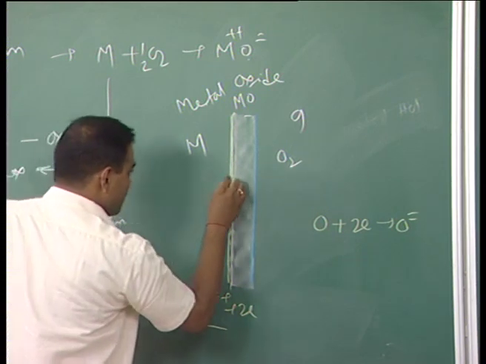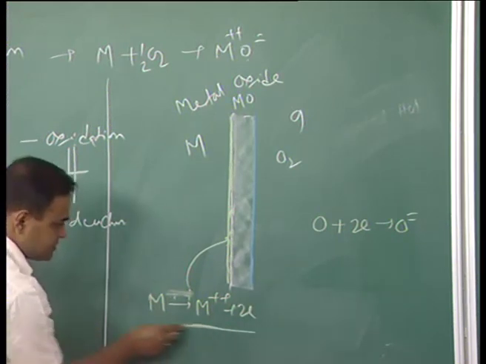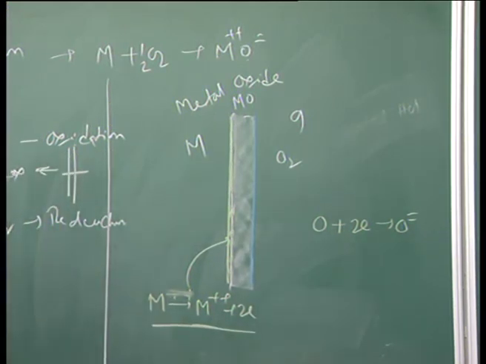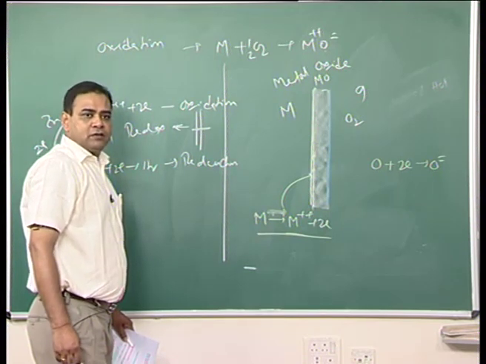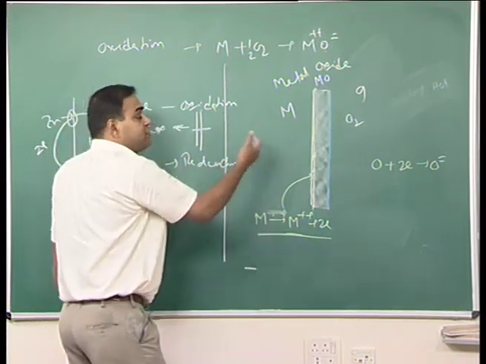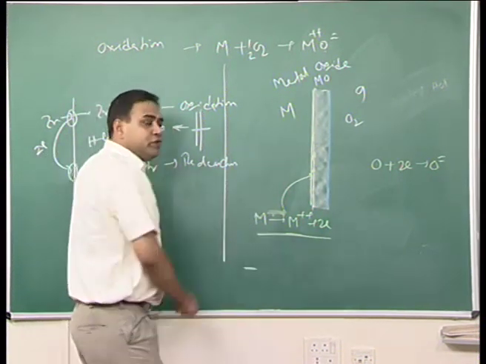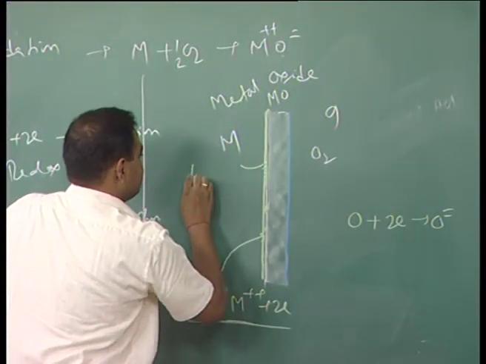So if this process is happening here, what is this process? This process is nothing but oxidation or anodic reaction. And on what surface does the anodic reaction occur? On the anodic surface. So here which one is the anode? This surface is the anode.